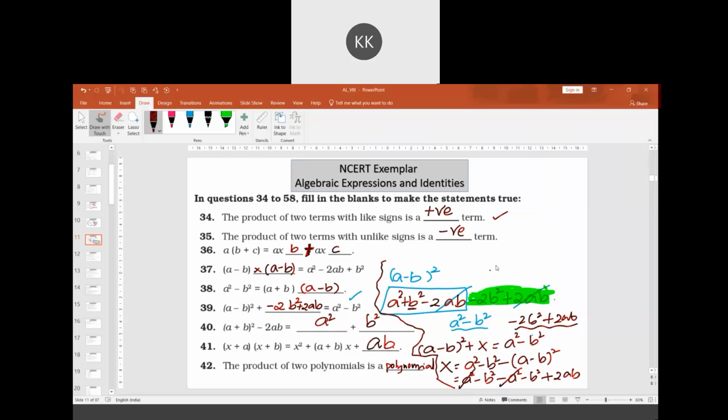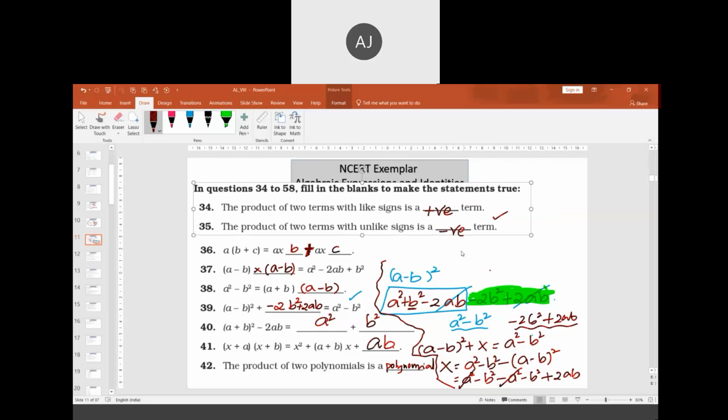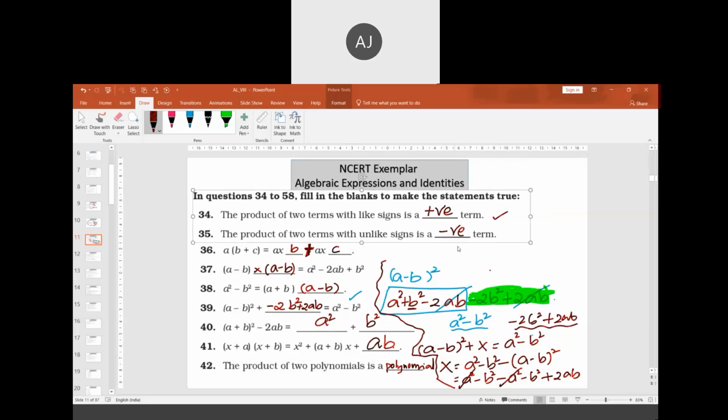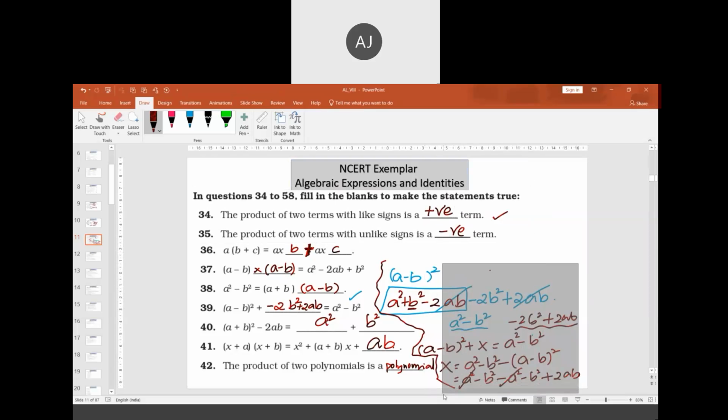If we multiply 2xy into 6xy, we will get 12x square y square, which is a monomial. But when we multiply binomials, it will come under polynomial. Binomial, trinomial, all come under polynomials.